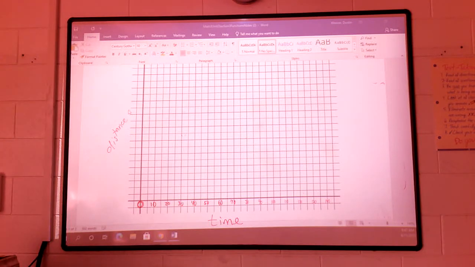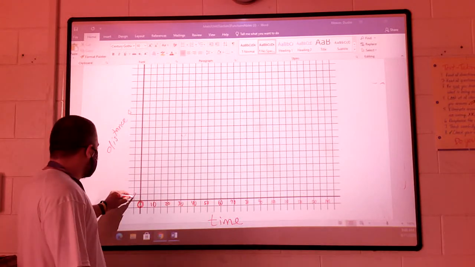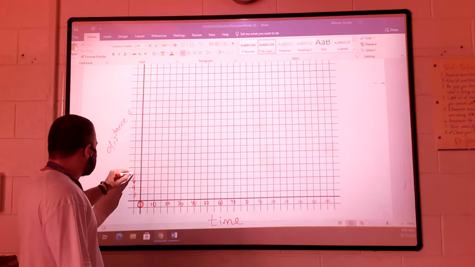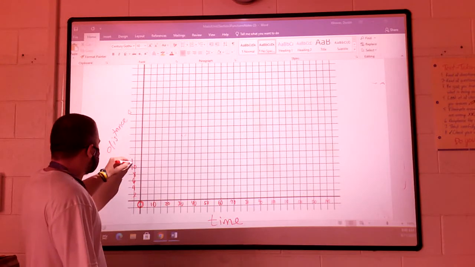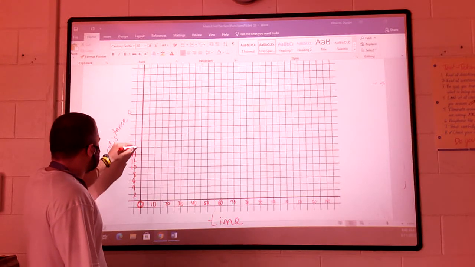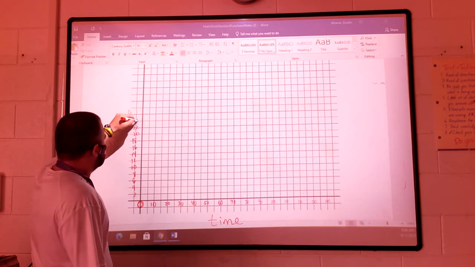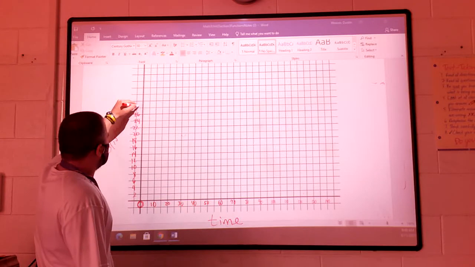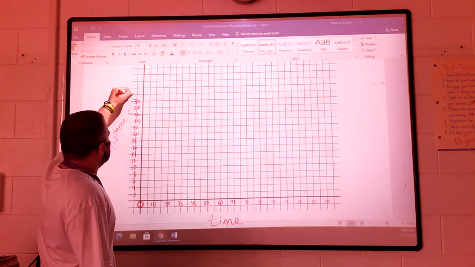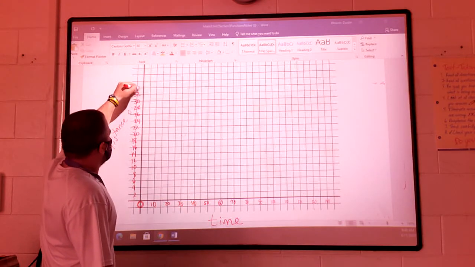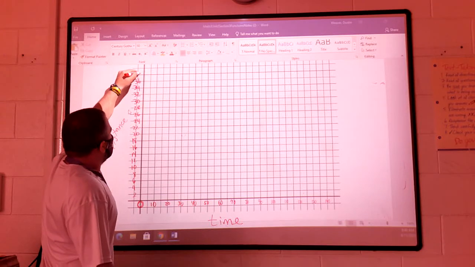Then the distance in miles, I'm going to make each one go up by 2. Okay? So I'm just going to go 2, 4, 6, 8, 10, 12, 14, 16, all the way up. I think I get to 40.